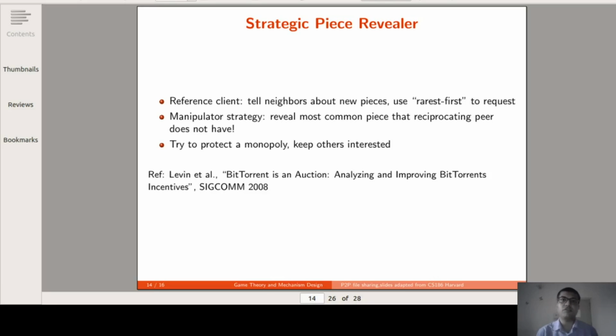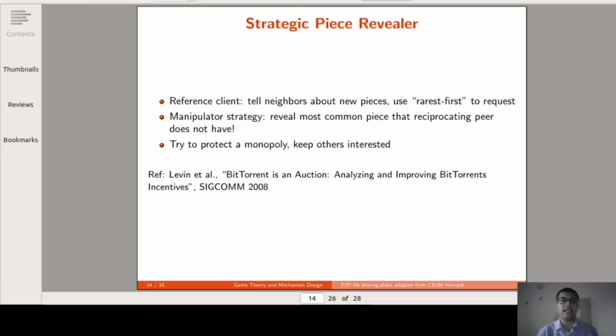Consider the following strategy by one of the peers, which sorts all the pieces that it has from the most common to the most rare. Whenever it is revealing the pieces that it has, it only shows the most common piece that the reciprocating peer does not have, and it requests the rarest pieces.